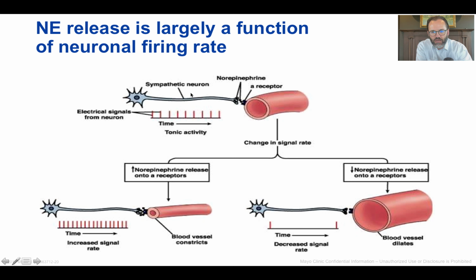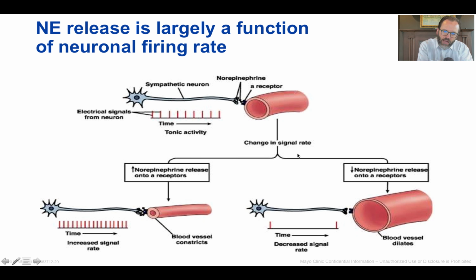And so what you can see here is under basal conditions, we've got the electrical signals from the neuron and some tonic level of activity, norepinephrine being released, maintaining some baseline level of vascular tone. When you have a change in that signaling rate, for example, an increase in firing due to an increase in sympathetic nervous system outflow, manifested as an increase in acetylcholine release at the preganglionic-postganglionic junction, and then subsequently an increase in postganglionic fiber firing rate, you have an increase in norepinephrine release and therefore an increase in vascular constriction.